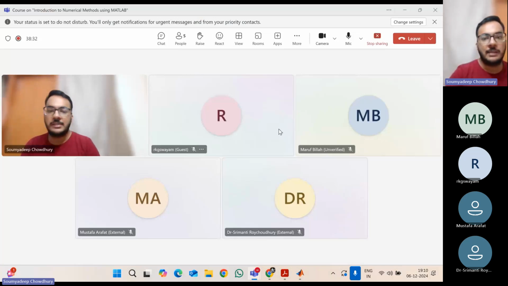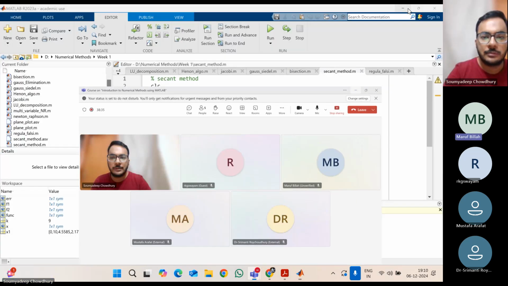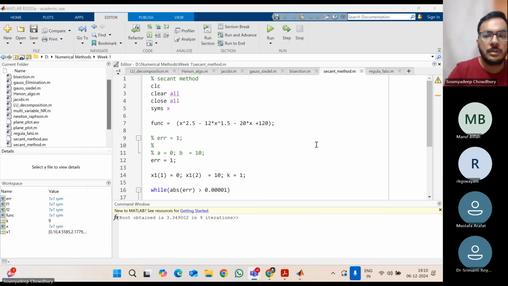All these methods are using the same concept. So you can understand that the bisection method, the regula falsi or the secant method, all are using the same concept. However, what is the difference? In the bisection method, we are choosing the intermediate point just by bisecting. Whereas in the secant method, we are choosing it by the slope of the tangent.